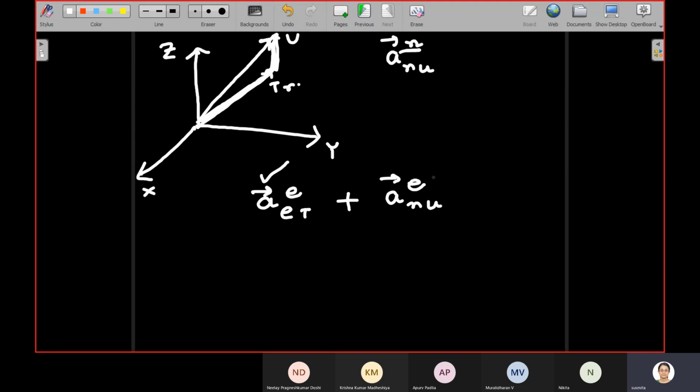What transformation matrix do you require in this context? You said transformation matrix, but why?